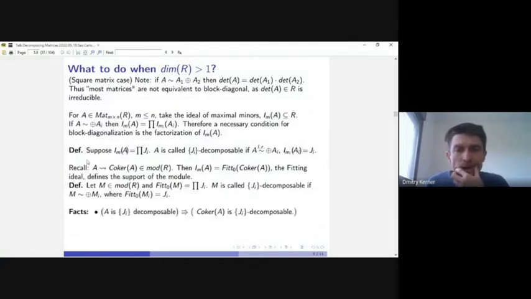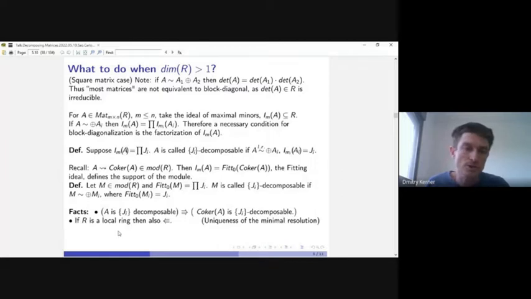Now, the relation of the two definitions. In fact, if a matrix is decomposable, then of course the module is decomposable, and vice versa, the inverse holds over local rings. If R is a local ring, then the module being decomposable means that the matrix is decomposable. This follows just by uniqueness of minimal resolution over a local ring.